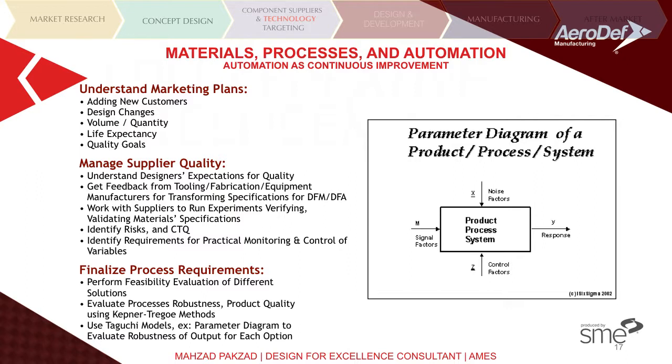And working with the suppliers to run experiments for verifying and validating materials specifications, identifying risk and critical quality features, identifying requirements for practical monitoring and control of variables, and then finalizing process requirements, performing feasibility evaluation of different solutions, evaluation of process robustness and product quality, using Kepner-Tregoe methods and Taguchi models, parameter diagram to evaluate robustness of output for each option.